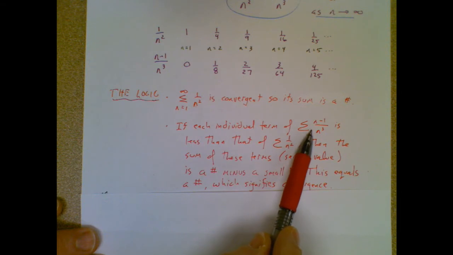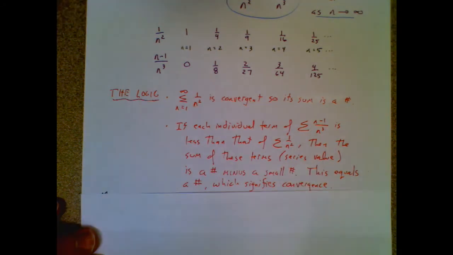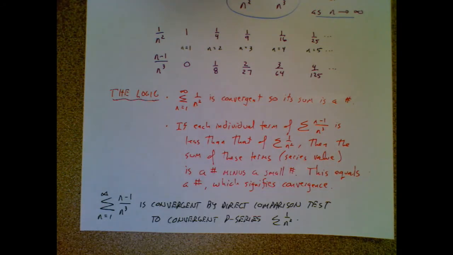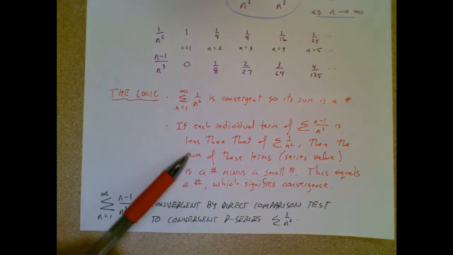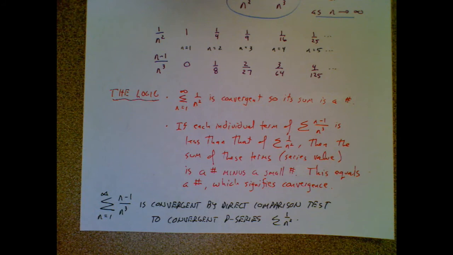And if the sum of this series has to be a number, that means that series is convergent because that's what it means to be convergent. So that's an awkward set of logic to put into words. I tried to put it into words here, but you may want to rewind and replay that logic again. In the end, I say, hey, this thing is convergent, and it's from the direct comparison test.